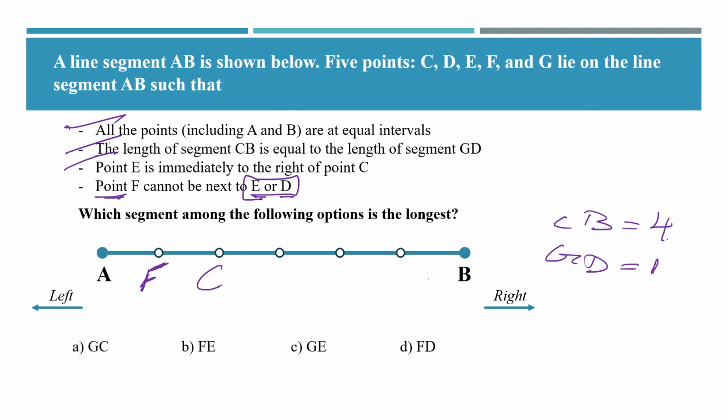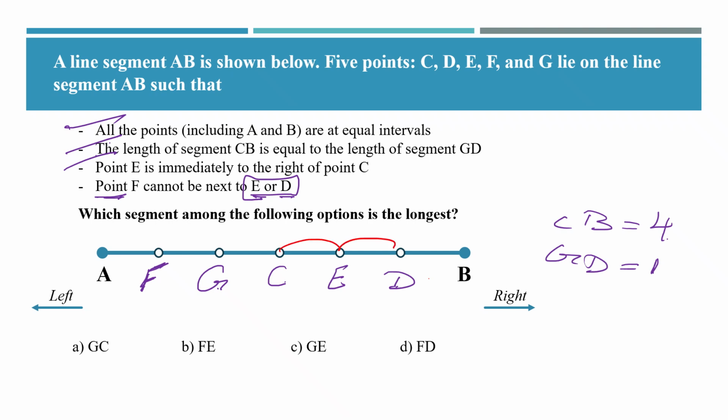Immediately to the C is E and GD. It's not happening. Let's take C here, G here, D here, and E here. Now it's all good, I guess.